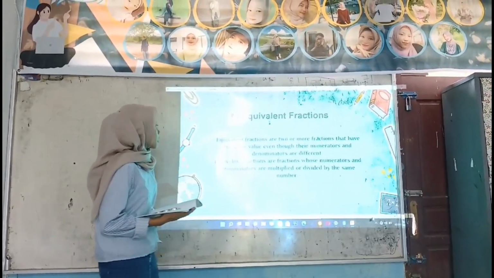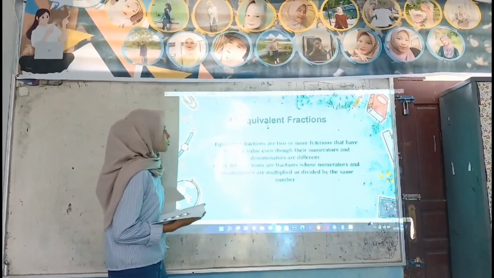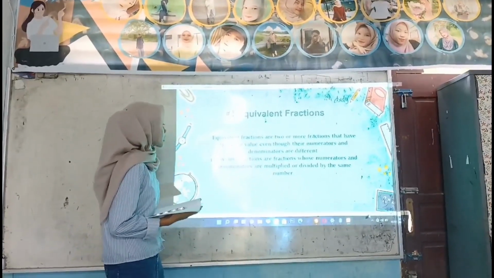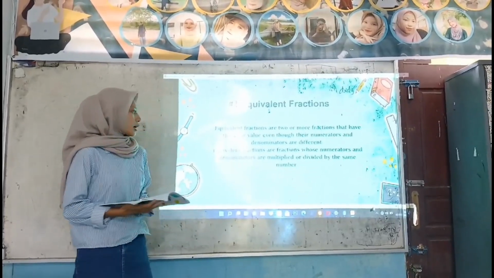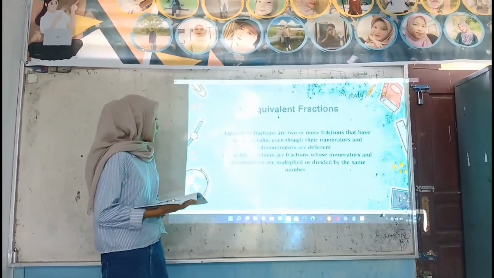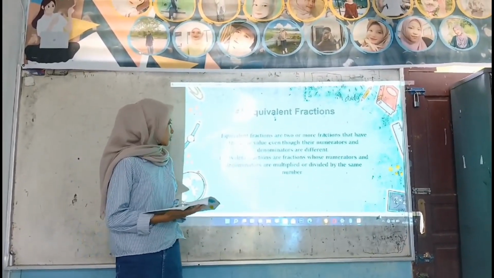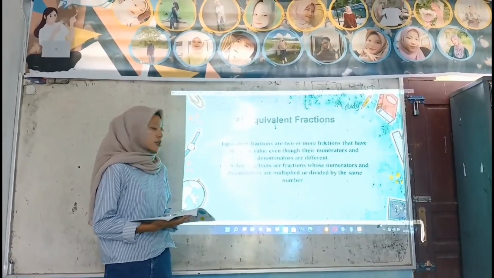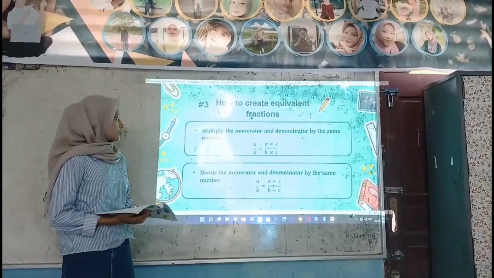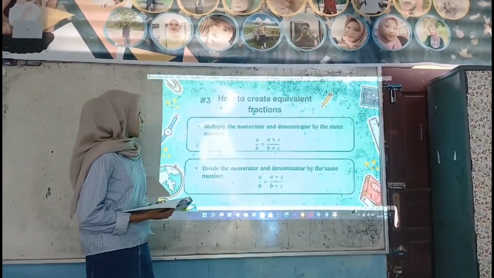Equivalent fractions. Equivalent fractions are two or more fractions that have the same value even though their numerators and denominators are different. Equivalent fractions are fractions whose numerators and denominators are multiplied or divided by the same number. How to create equivalent fractions?